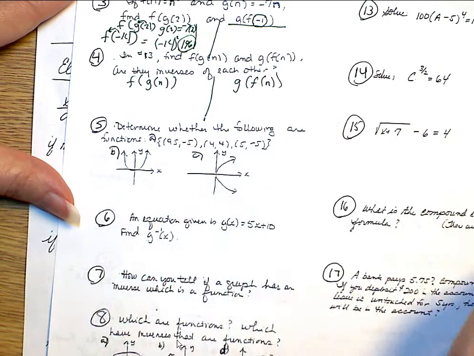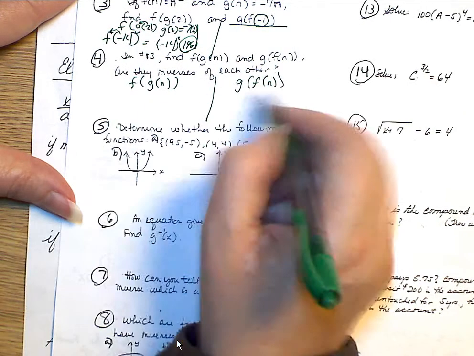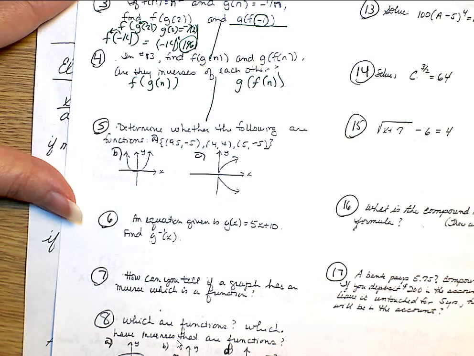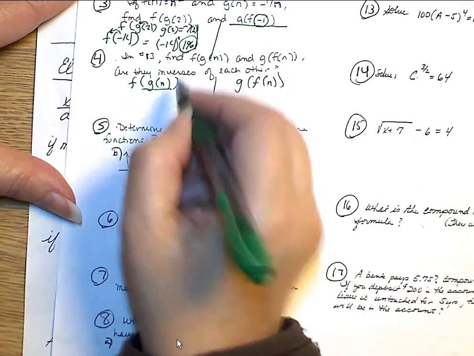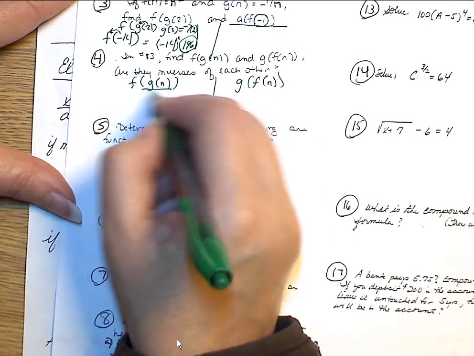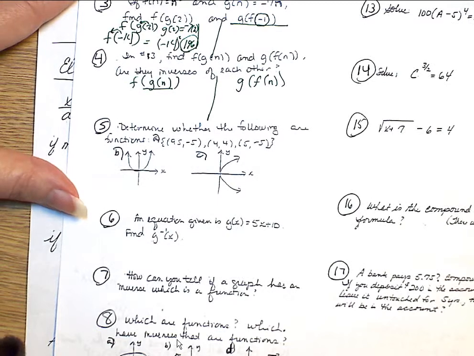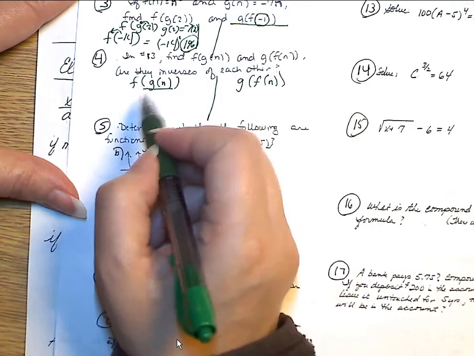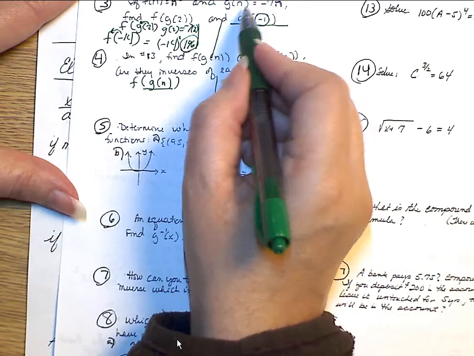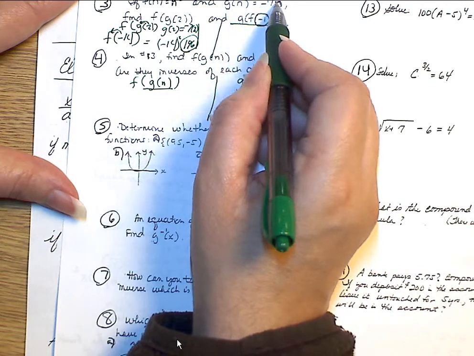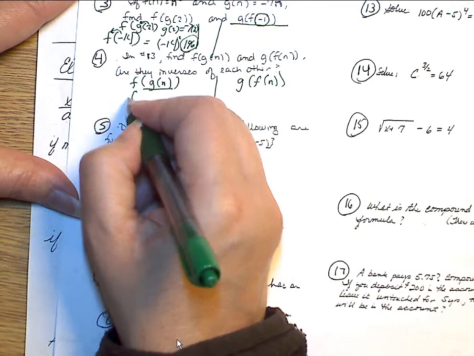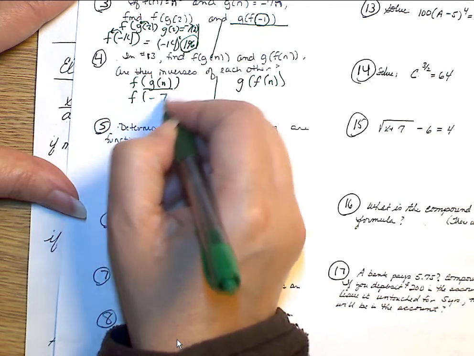So I'm going to do this one, and I'm going to leave you to do that one. The first thing this says to do is, what is g of n? What does g of n equal? G of n equals negative 7n, so we have f of negative 7n.